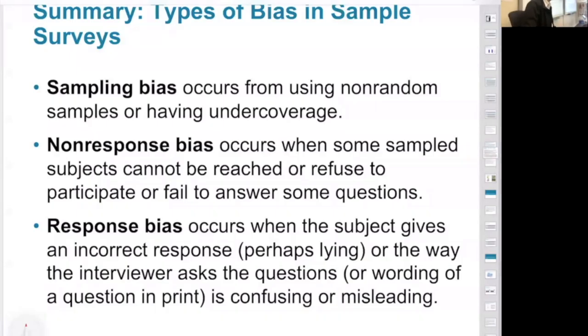When I say sampling surveys, I mean you collect the data by interview or by phone, by asking a question to the subject. So of course you will have these three types of bias, and we have some ways to reduce this bias, but as I said, one of them is randomness. So these are the three important things in this chapter. I know we have a lot of definitions here, but if you read them, you will find it's easy.